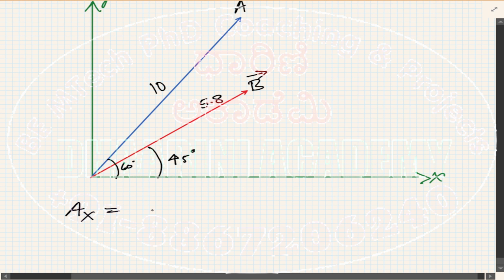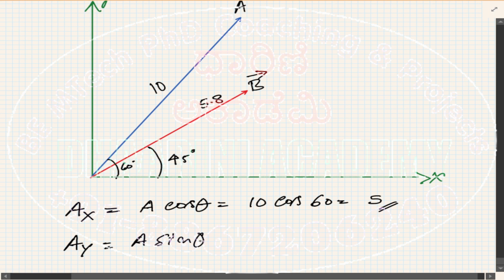AX is equal to, the angle is given with respect to the x-axis, so this is A cos theta. A is 10 cos 60, and cos 60 is half, so this is 5, the x component of A. AY is A sine theta, so this is 10 sine 60. When you simplify, this comes to be 8.66.